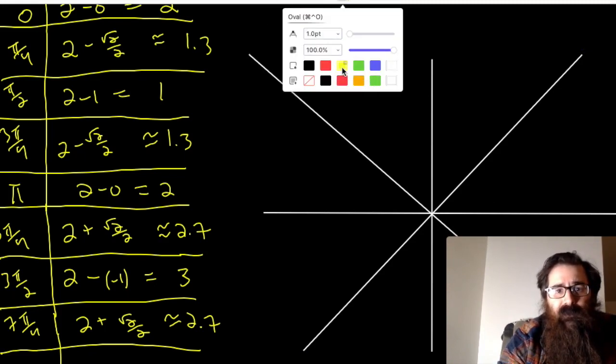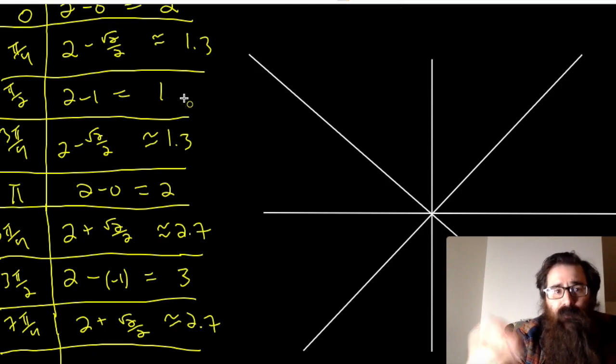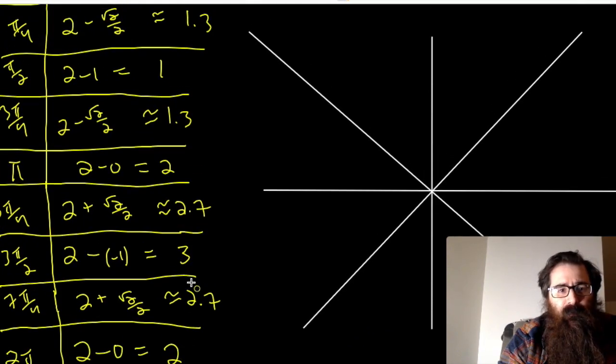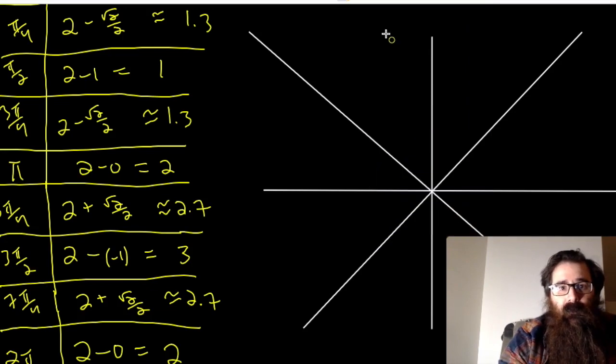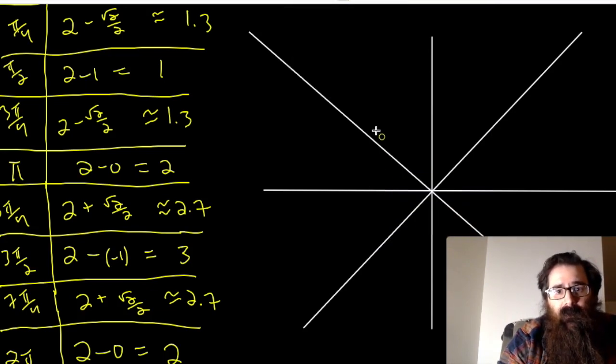And then I want to pay attention to what is happening with r. Looking through the table values, I don't have every bit of information, but for what I'm going to be plotting, it looks like the largest it goes up to is positive 3. So I'm going to create 3 concentric circles. Oops, well that's not quite what I want, so I'll get rid of that. Still getting used to this. Okay, I think this should be what I was hoping for.